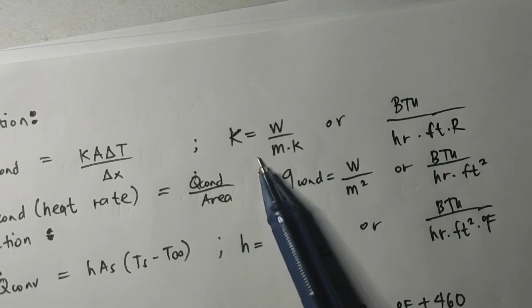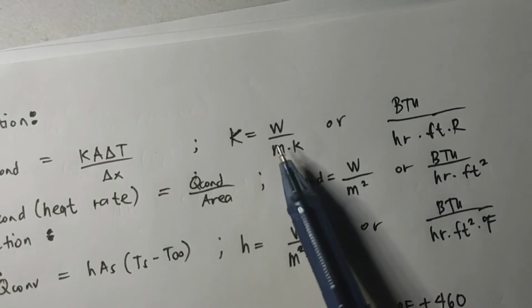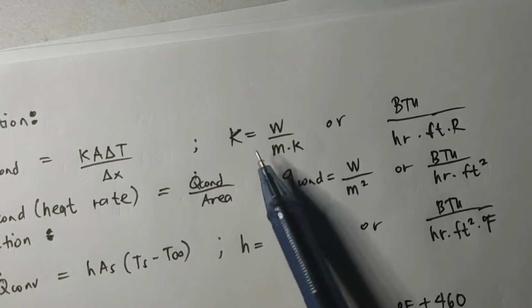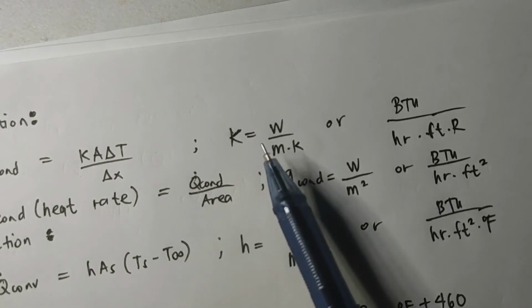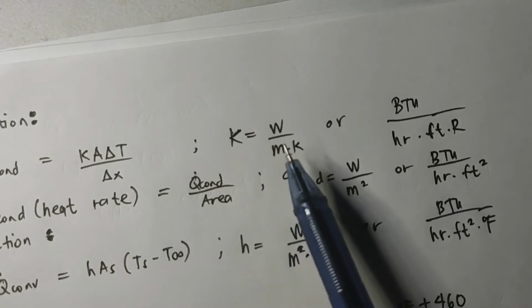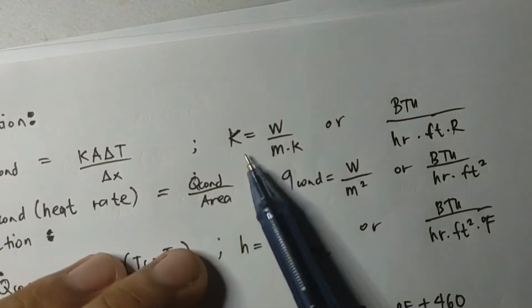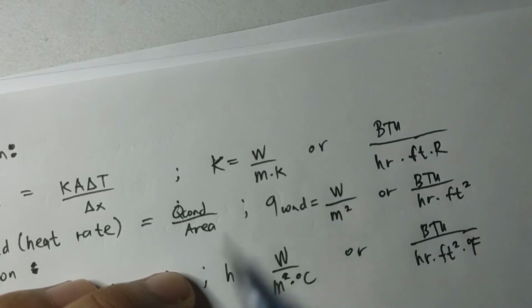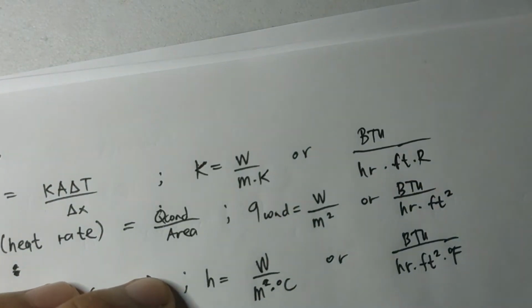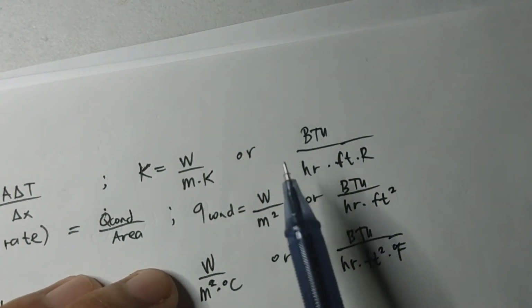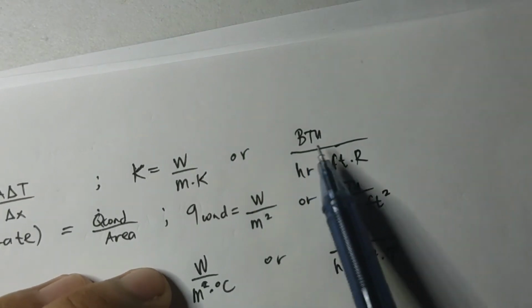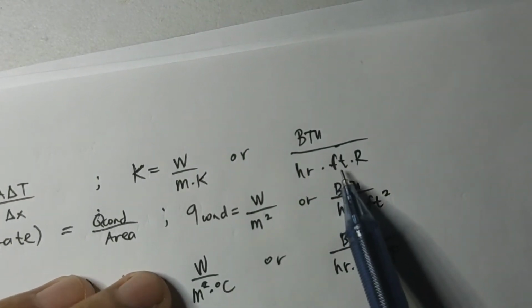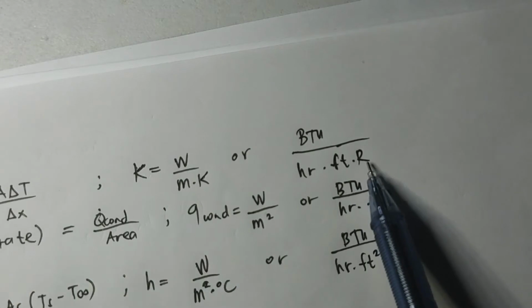Kadalasan ni-indicate na ito sa problem, kaya hindi na natin kailangang hanapin sa catalog or sa steam table unless na pinapahanap siya. Unit niya is watts per meter Kelvin. Malaking K yan, Kelvin. Or sa English unit, siya ay BTU per hour feet Rankine.